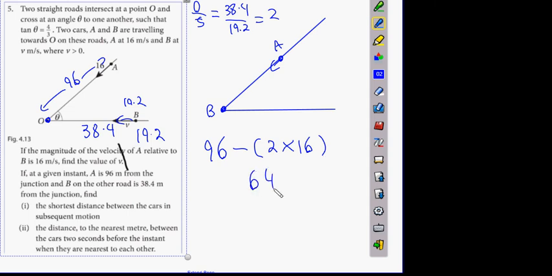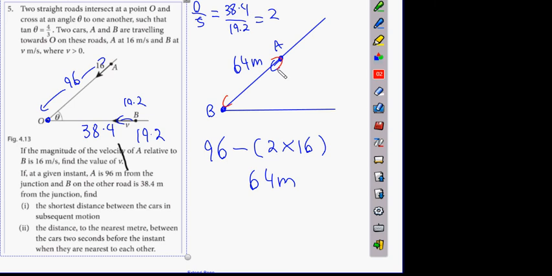So 64 meters. Okay lads, so 64 meters away from the junction. Now, find the shortest distance between the cars in the subsequent motion.